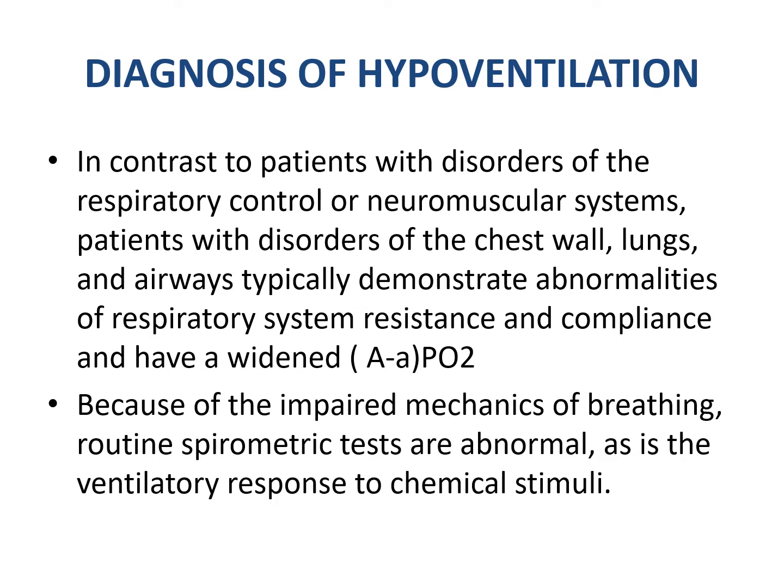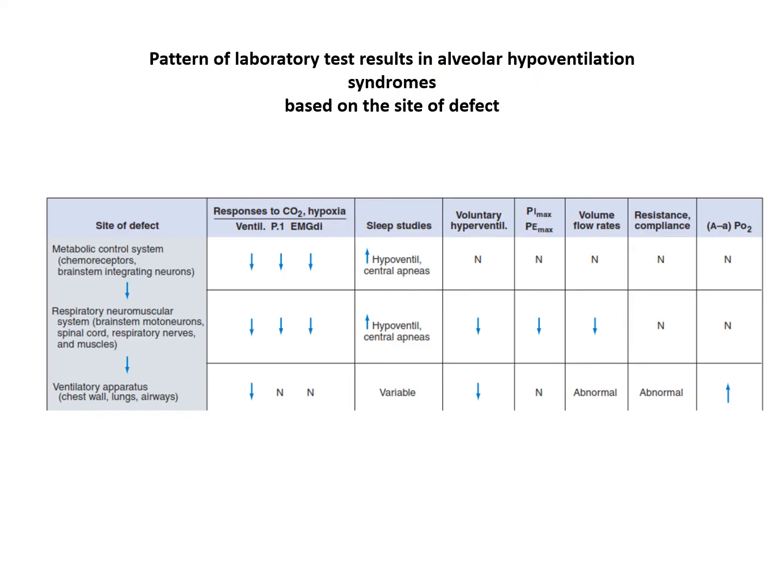Because of the impaired mechanics of breathing, routine spirometric tests are abnormal, as is the ventilatory response to chemical stimuli. Here you see the pattern of laboratory test results in alveolar hypoventilation syndromes based on the site of defect.